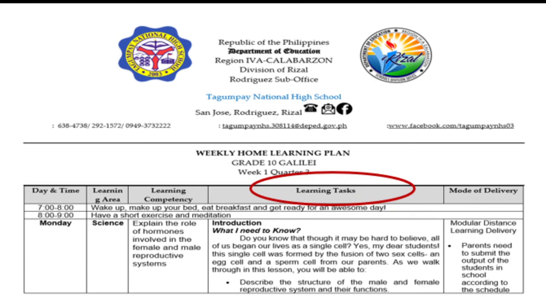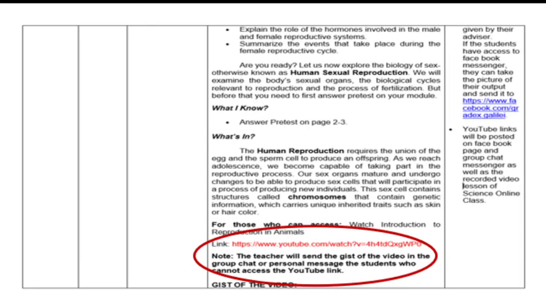But I inserted some materials or learning resources to supplement the lesson and also be congruent to what I discussed in online class earlier. Same with the introduction part, I unpack the MELCs, then let the students answer their module as pre-test. I also gave to them the link on the introduction to reproduction in animals, just like this.